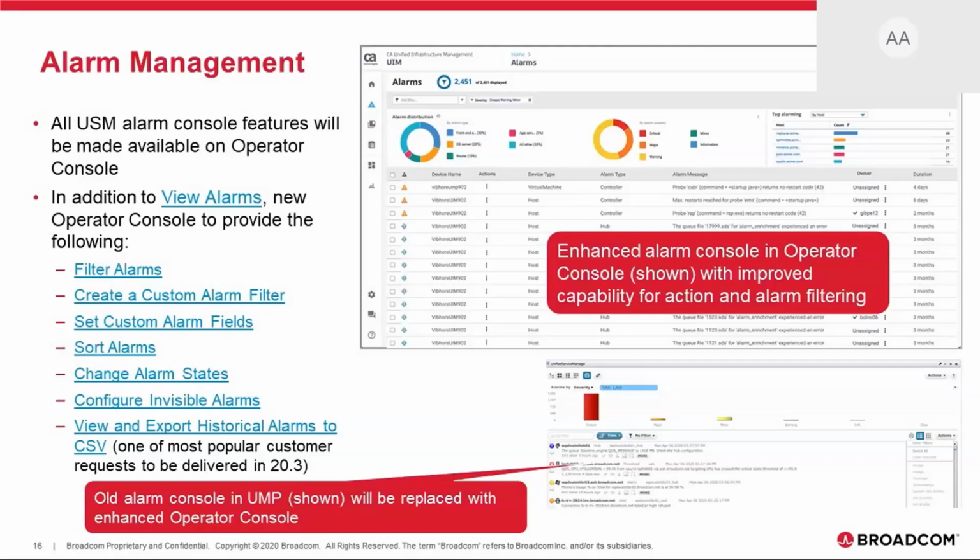Then the complete view would be linked to that filtering, and you'll be able to take actions, whether at a single alarm level or bulk actions if someone wants to. That will be available with UIM 20.3. Once UIM 20.3 is released with the new alarm management console, we are pretty sure that you won't miss any of the alarm management functionality available today in USM.